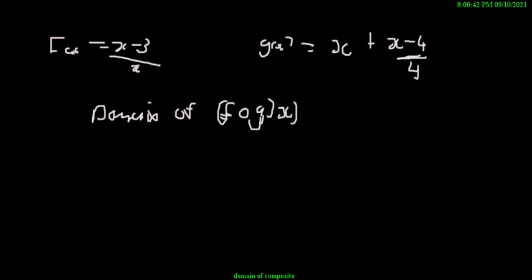We always start with the second one, which in this case is g of x.